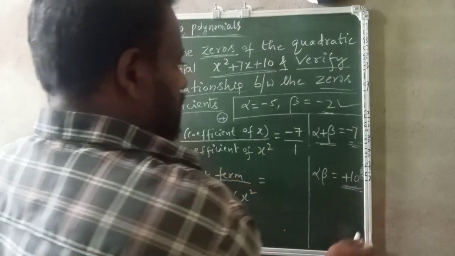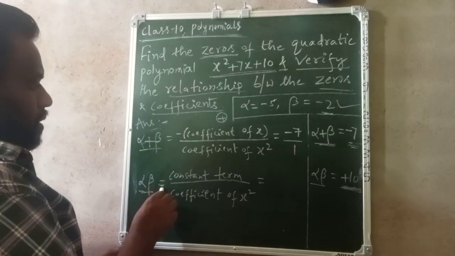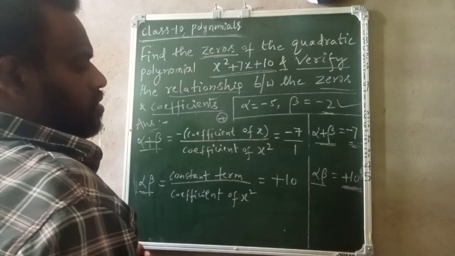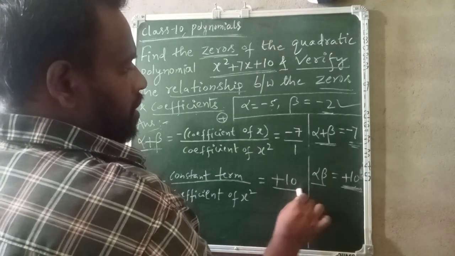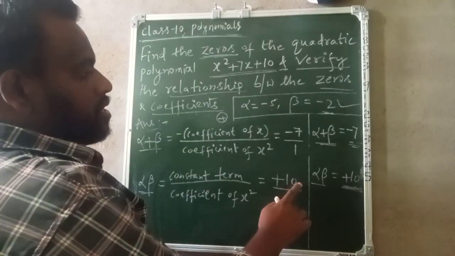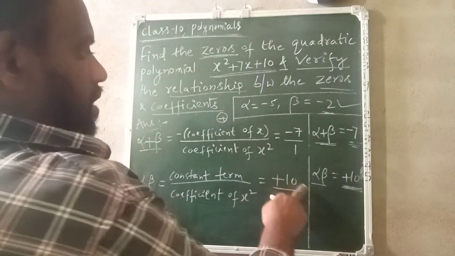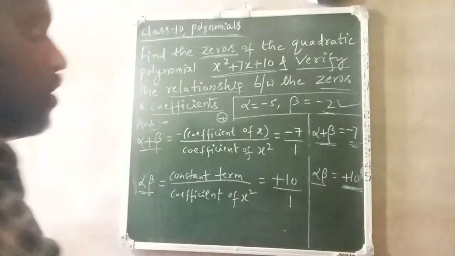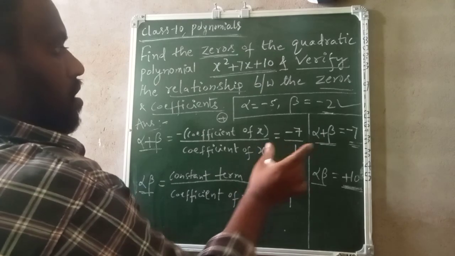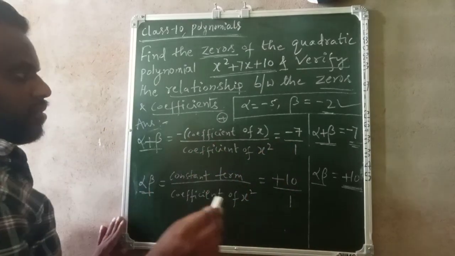Alpha into beta we got plus 10. So alpha beta is equal to, here I can write plus 10. Again this plus 10 can be written as plus 10 by 1, because if we divide this plus 10 by 1, you get plus 10 only. Now we have to check whether this is correct or not according to this. Similarly this. We will check now.